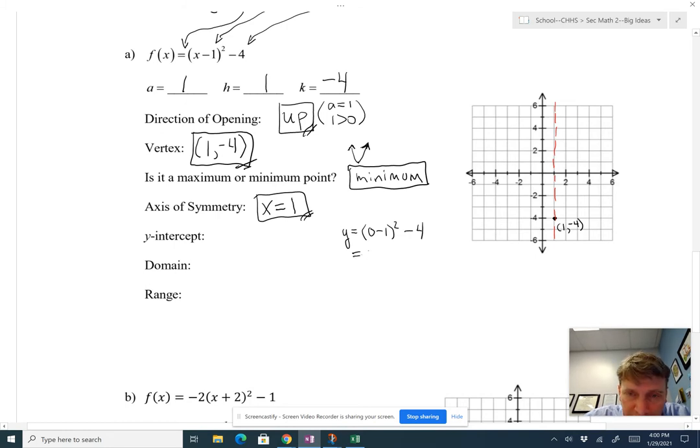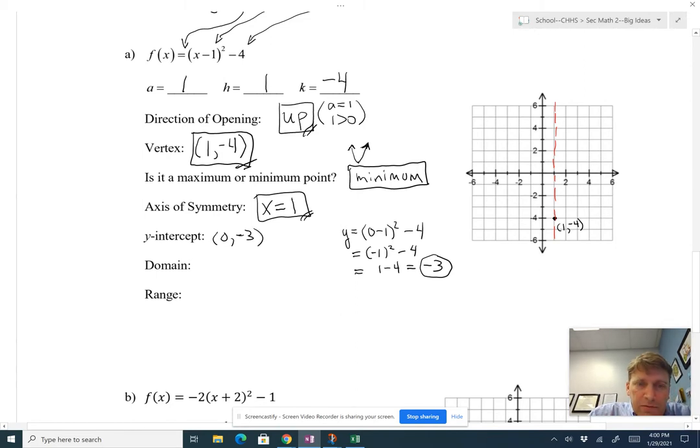So I'm going to say 0 minus 1 is negative 1 squared minus 4. Negative 1 squared, a negative 1 times a negative 1 is positive. So that's 1 minus 4. And that's equal to negative 3. So our y-intercept is at the point 0, comma, negative 3.